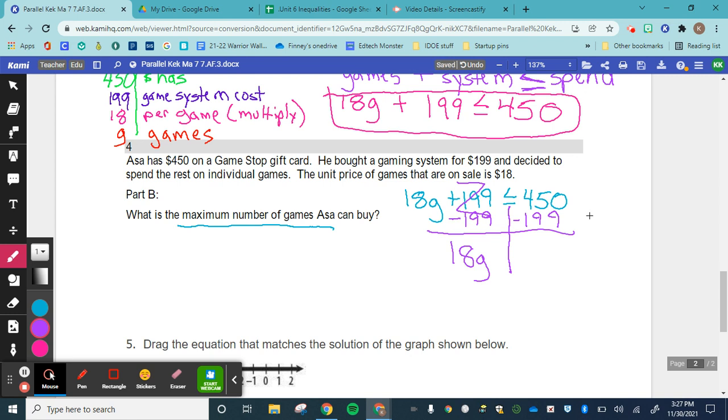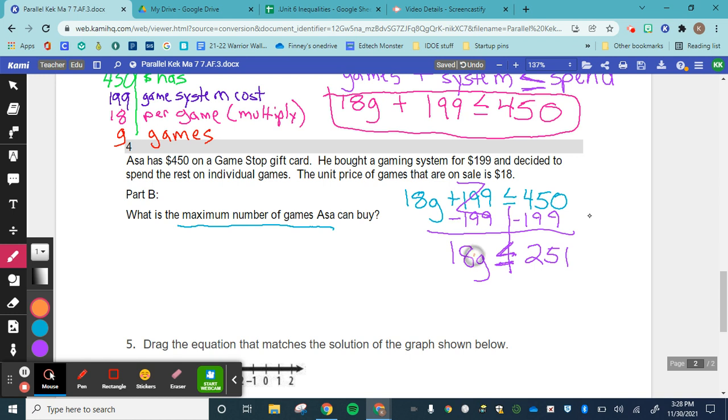Then I simplify this side. 450 minus 199 is 251. And when I subtract, I never change my inequality symbol, so I keep my inequality symbol the same. Now I know that I'm not finished because G isn't by itself yet.